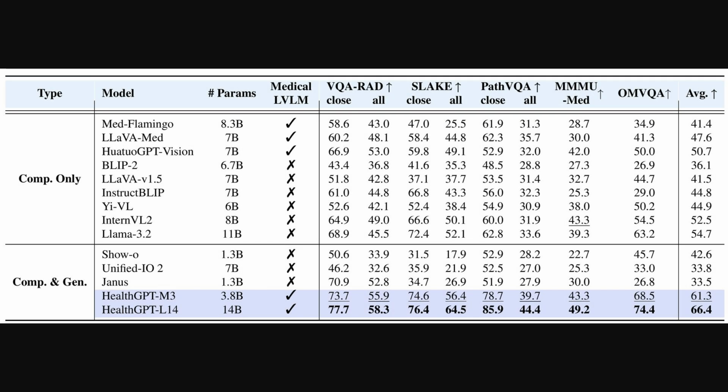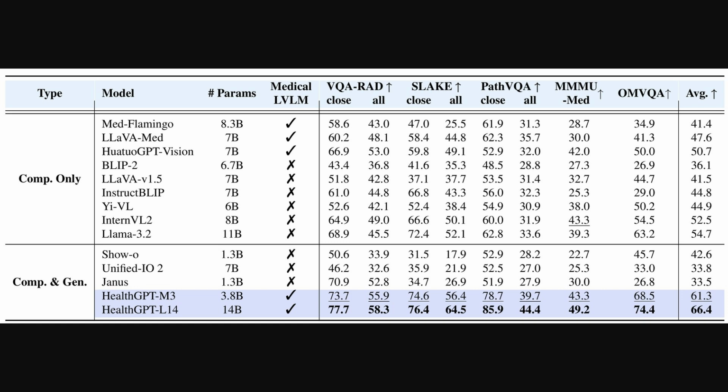Okay, so after training on that VL Health dataset we just discussed, Table 1 here shows us the results, specifically focusing on medical comprehension tasks. It compares HealthGPT, both the M3 and L14 versions, against other models, some that only do comprehension, and others that try to do both comprehension and generation.